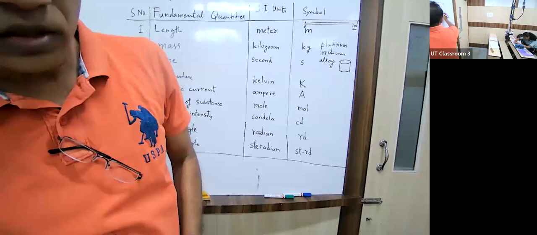So what will be its unit? Kilometers per hour, or in SI unit, meter per second. Meter per second to the power minus 1, because it is the denominator. So meter per second or meter second to the power minus 1, it's one and the same. Anything in the denominator, when it goes up, is written with a minus sign.